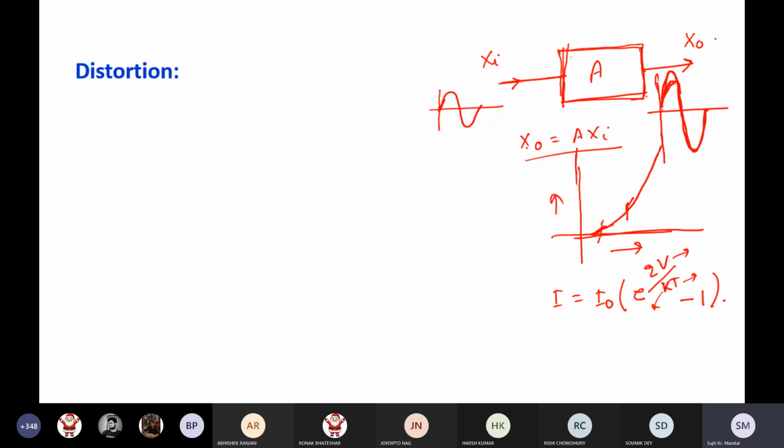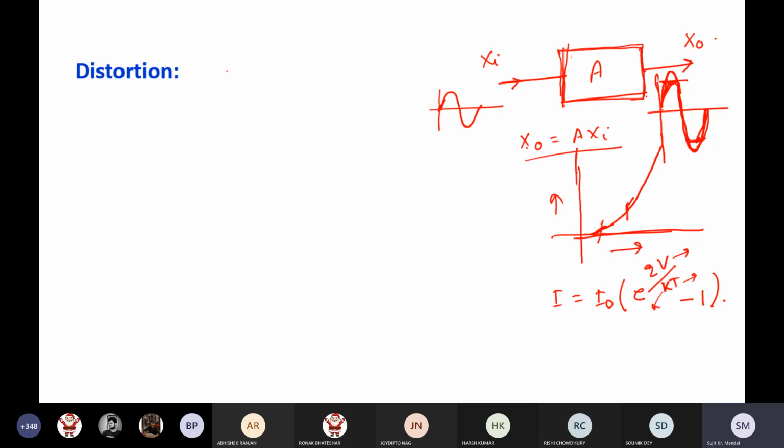Sometimes from the top portion it is clipped, from the bottom portion it is clipped if it is beyond the cutoff region. If it is beyond the saturation region, it is clipped. In that way you may not realize an exact sinusoidal signal. Rather, it may be distorted. So that is what distortion is. This distortion can be reduced with negative feedback.